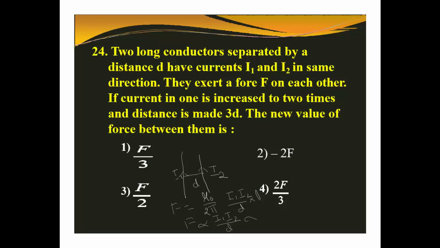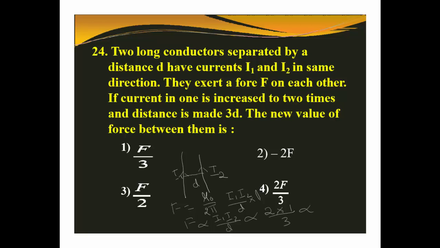If I1 is increased 2 times, I will write I1 as 2, I2 is unchanged, so it remains 1, 2 into 1, and the distance is made 3 times, so it is 3.